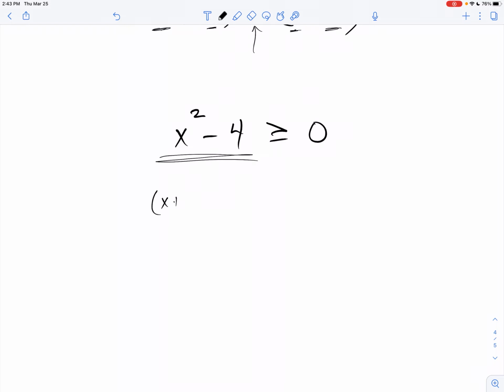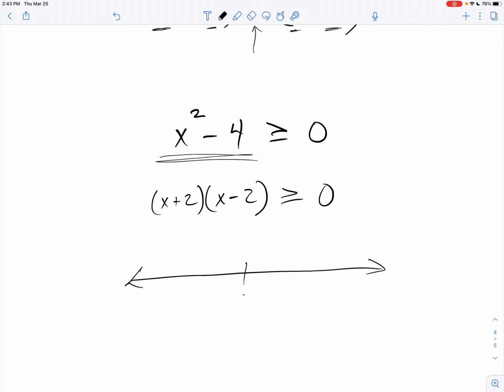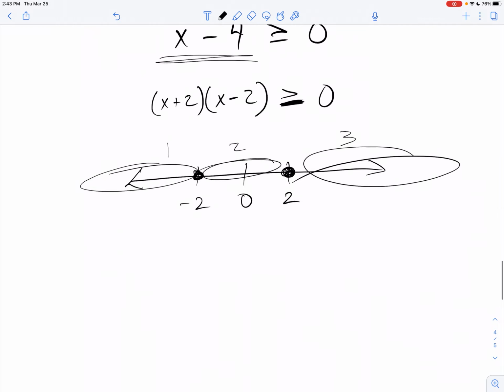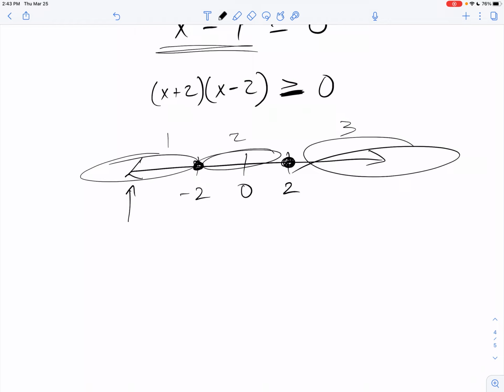I could factor it and say x plus 2, x minus 2, greater than or equal to 0. Here's my number line. I'm going to knock this out quick. Here's -2, closed circle. Why is it closed? Because of this guy. Here's +2, closed circle. Why is it closed? Because of this guy. There's 1, 2, 3 regions. But you know what? It's an outie. So I'm going to just tell you, I could plug in a number over in this side. I could plug in -5.